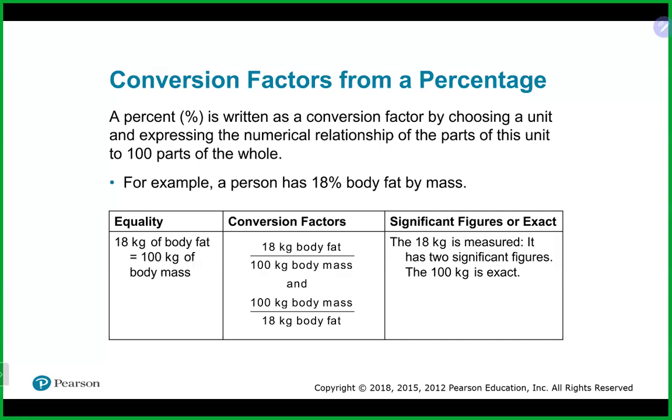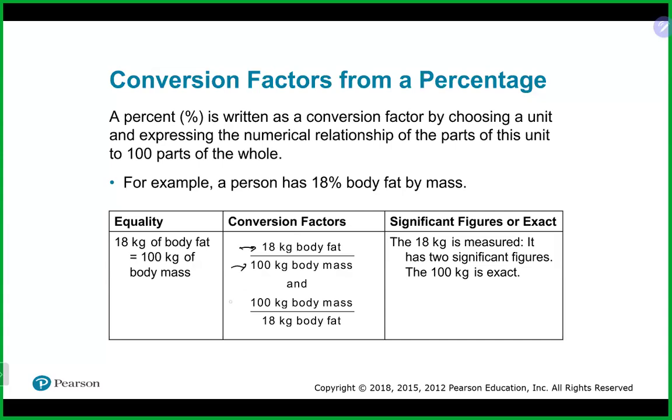So if you had 50% on an assignment, you could assume you got 50 points out of 100. So it keeps the numbers the same, and that's a good way to convert it. So if we have somebody that has 18% body fat by mass, we assume 100 kilograms in this case, and we could do a metric conversion of 18 kilograms of body fat per 100 kilograms of body mass.